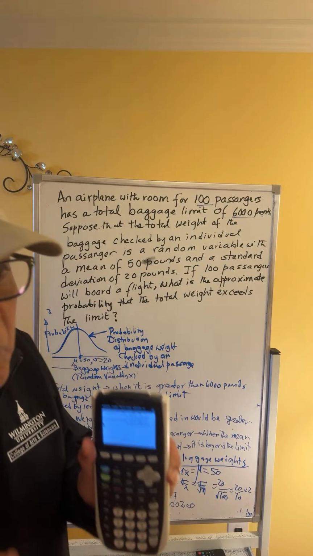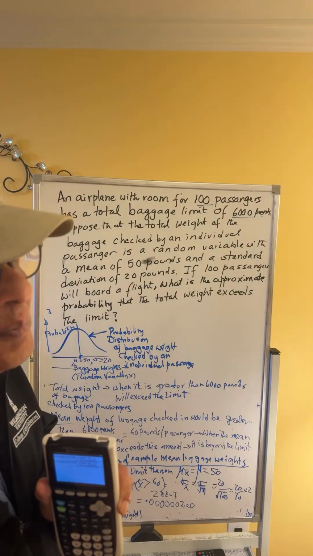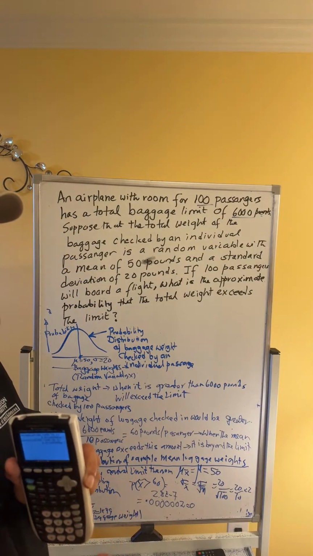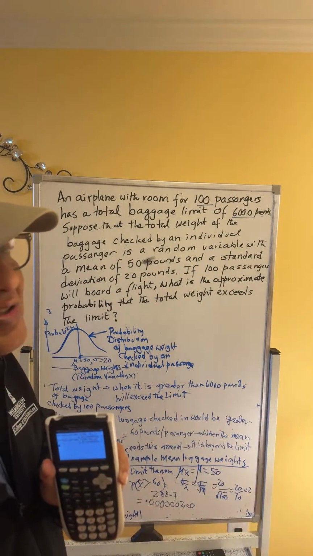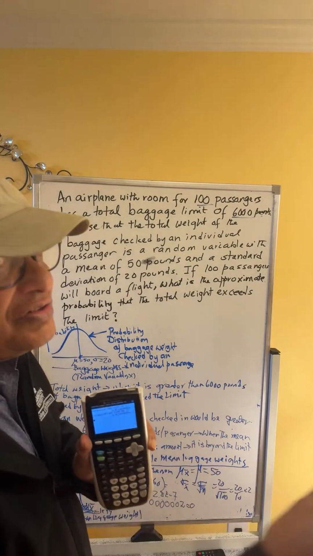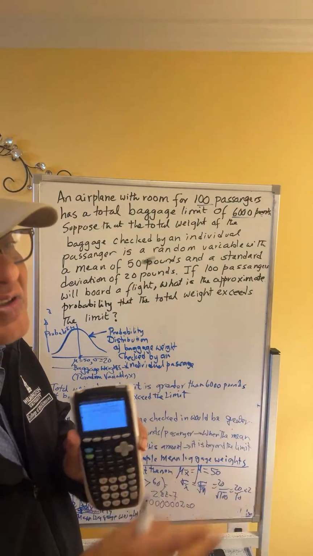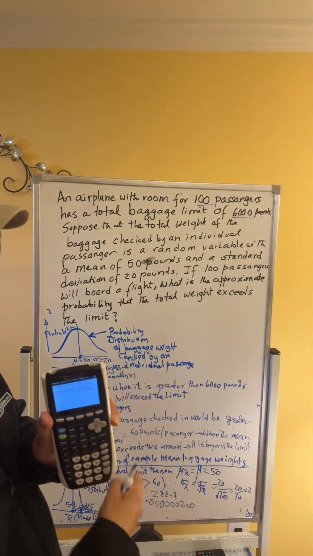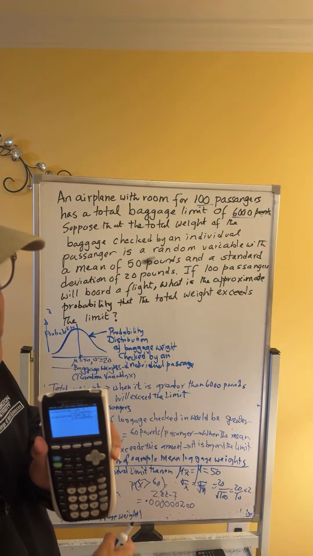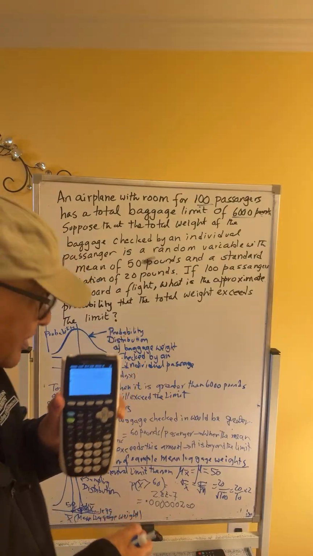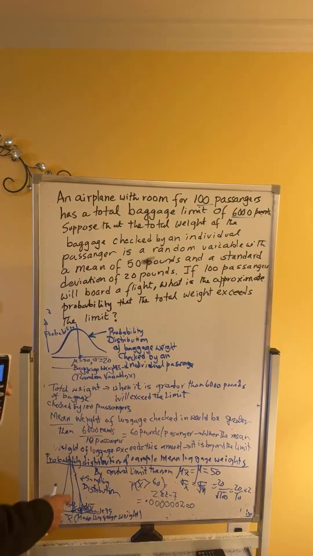Or a very low probability that the sample mean will exceed 60. How did you get 60? 6,000 is the total weight restriction divided by the number of passengers, 100. So the mean weight per passenger is 60. And we just found out the probability of the mean weight exceeding 60 is very small under the circumstances. What does it mean?